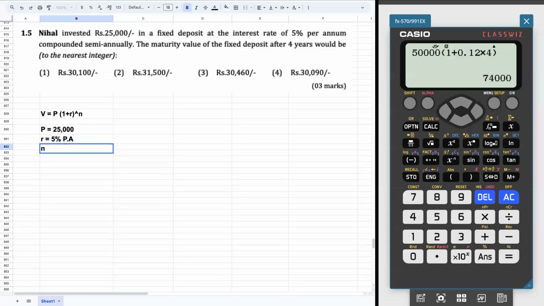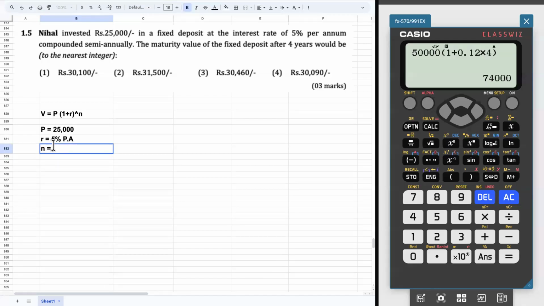But it's compounding semi-annually, in the sense every 6 months. So we need this n in periods, like how many 6-month periods there will be in a 4-year period. So we have to convert this 5% per annum into a semi-annual interest rate. So 5% for a year means 2.5% per semi-annual period, every 6 months.